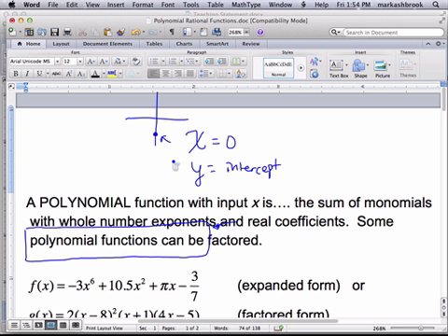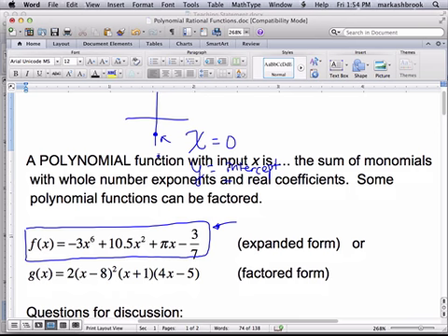Okay, so if we're on the y-axis, the y-intercept, we're intercepting the y-axis, that's where x is 0. We don't go left or right. So, to find the y-intercept, if it's where x is 0, what do we do? Plug in 0 for x. So, we're looking at f of 0.